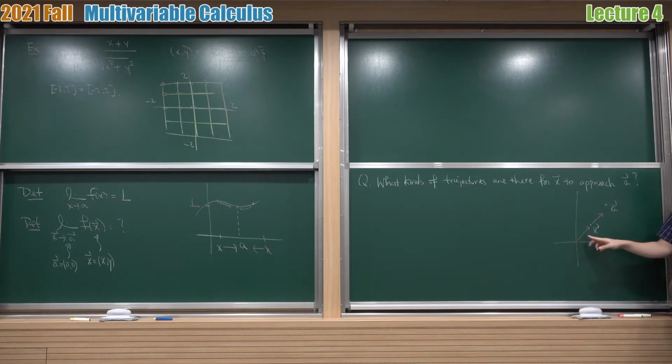What kind of trajectory? So the question is this one. What kind of trajectory should we use to approach x to a? What's the easiest way to approach x to a?